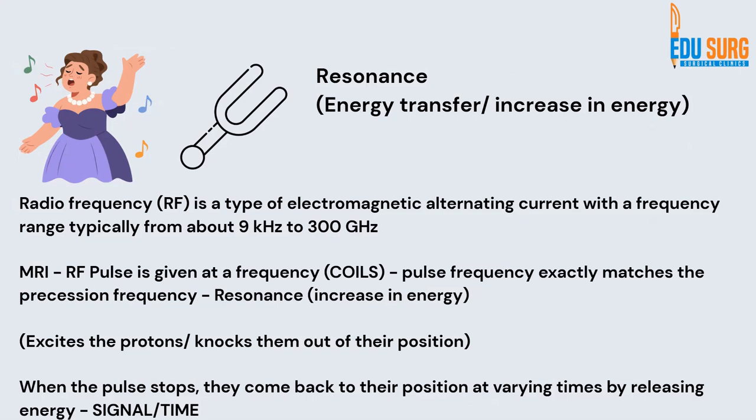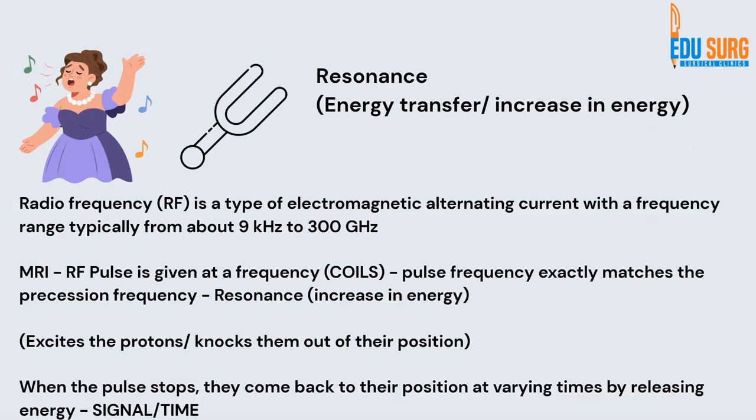Okay, so M is the magnet. Magnet causes the proton alignment and the precession movement. That movement is occurring at Larmor frequency, a specific number of cycles per second. When you give an RF pulse that matches the Larmor frequency, that excites the protons and knocks them out of park. When the pulse stops, there will be a time when they come back to their normal position.